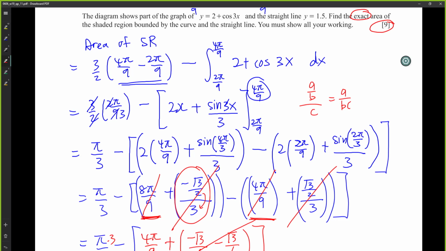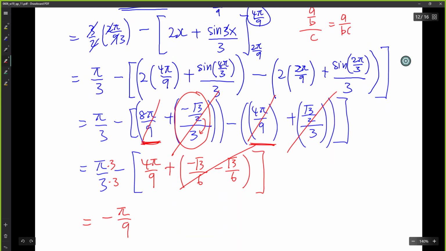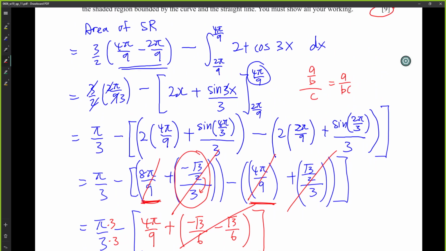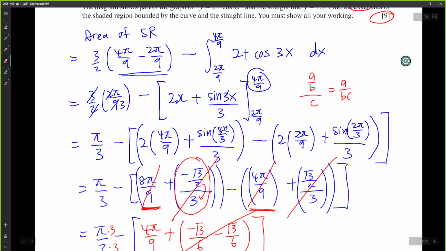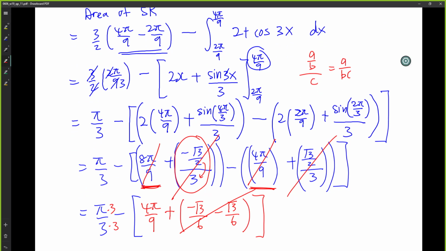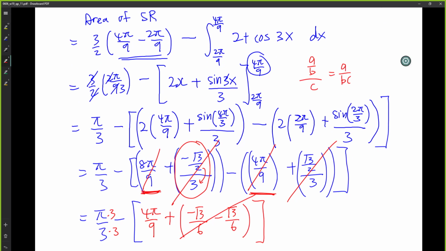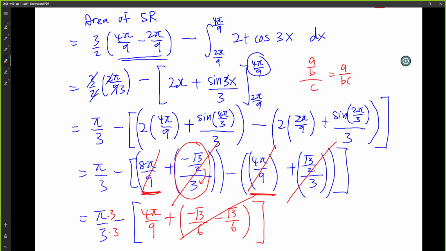They are multiplied, so I simplify it. Pi over 3. Yeah. I sub in, I get 4 pi over 3 over 3, minus 2, 4 pi over 9, plus 2 pi over 3.